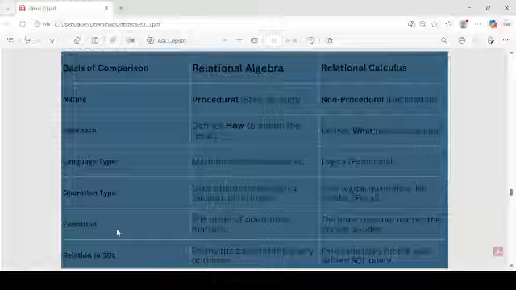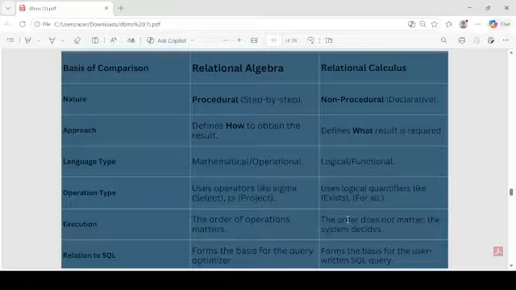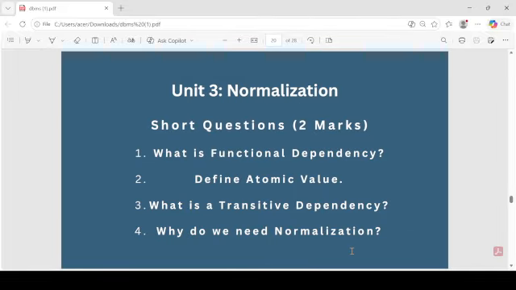The next comparison is on the basis of execution: in algebra the order of operations matters, while in calculus the order does not matter, the system decides. The last comparison basis is relation to SQL: algebra forms the basis for the query optimizer, and calculus forms the basis of the user-written SQL query. So these are the comparisons between relational algebra and relational calculus.